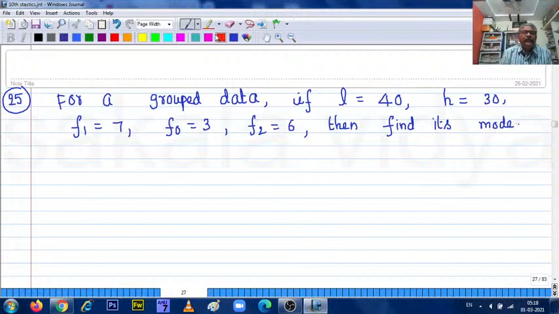For a group data, L value given, H value given, F1 value given, F0 value given, F2 given, and you are asked to find out mode.